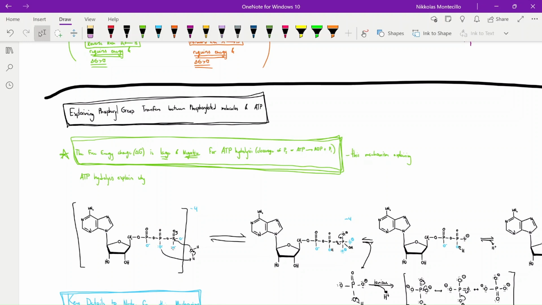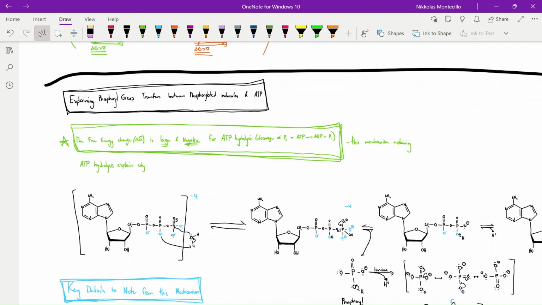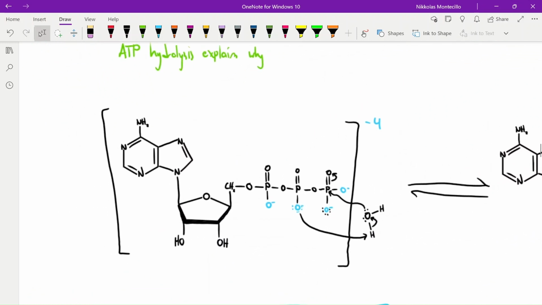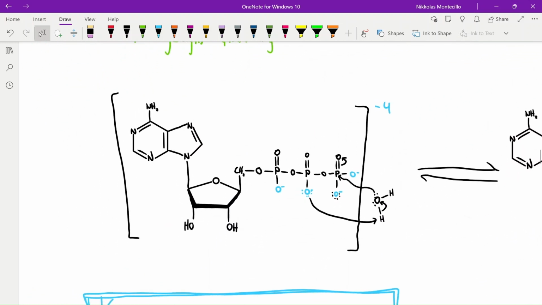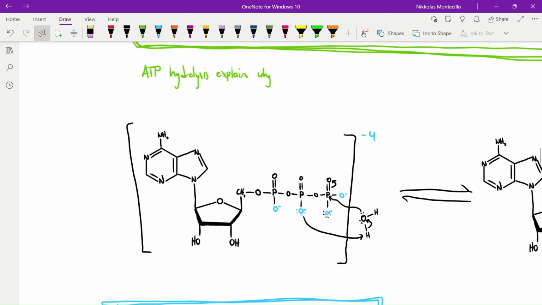This mechanism exploring ATP hydrolysis explains why the free energy change is so large and negative. We can see here that the charge of ATP is -4.